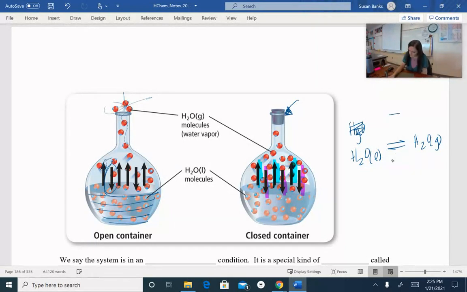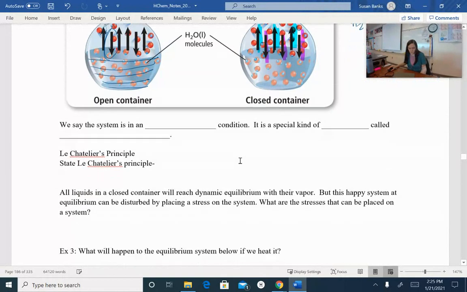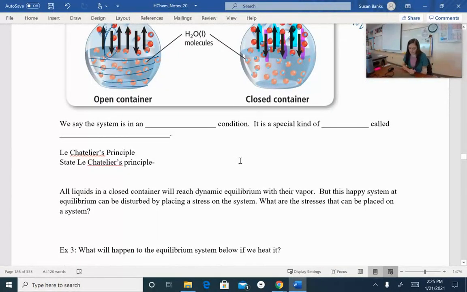Some people draw them like this as well. It really doesn't matter, just as long as you show things going both directions. Okay, so we say that the system is in what we call an equilibrium condition.